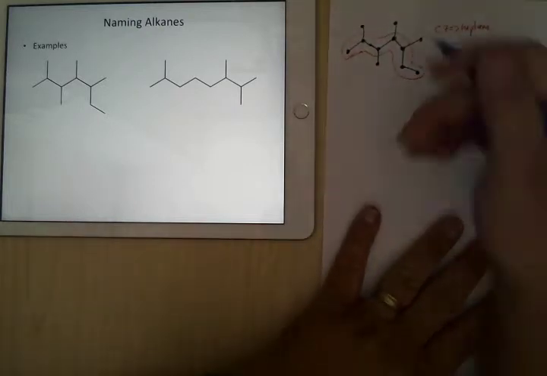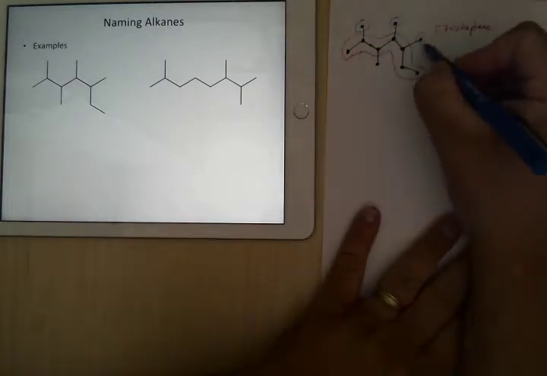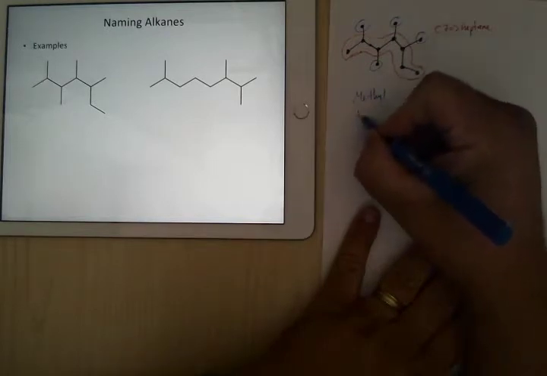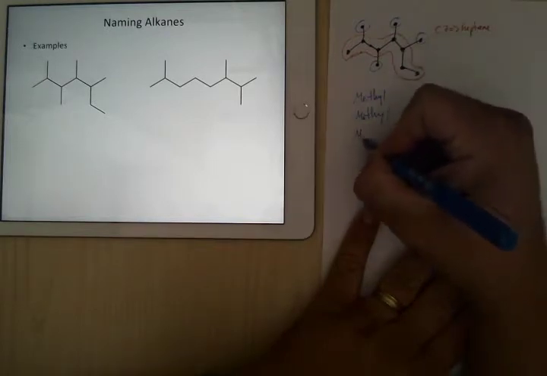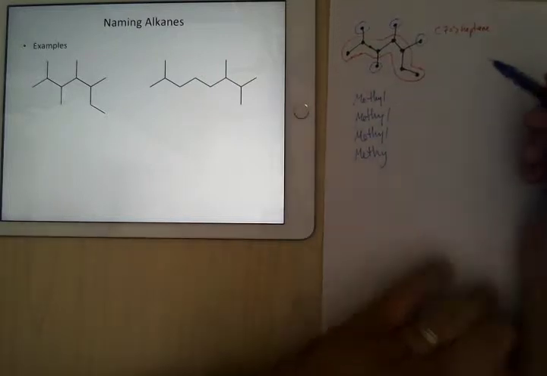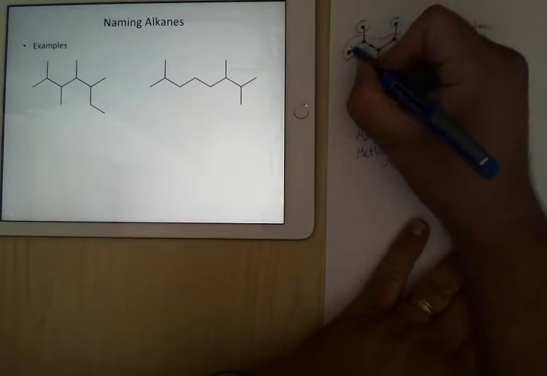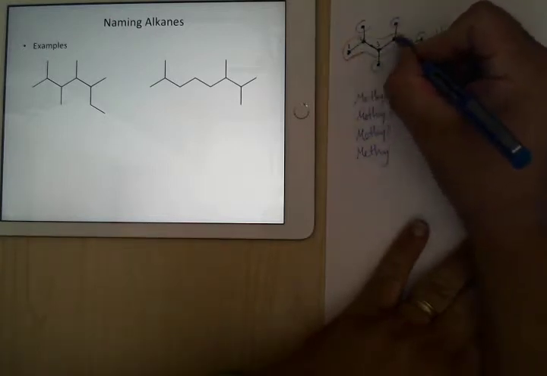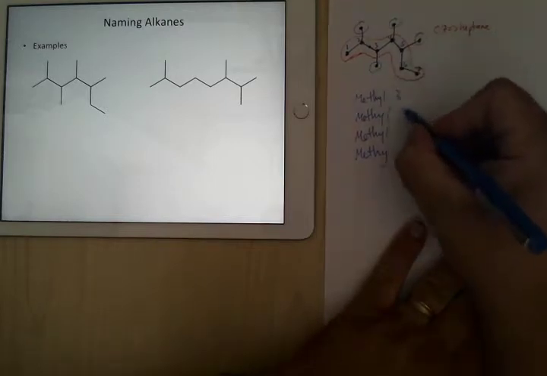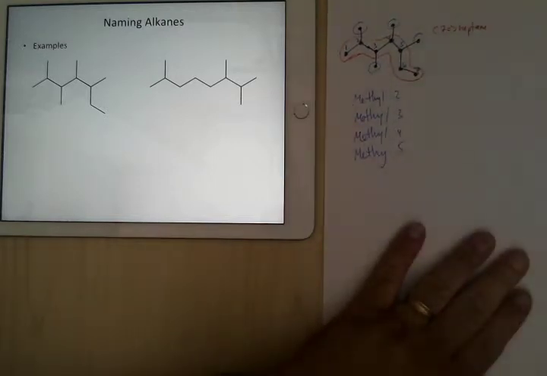Now here we've got 1, 2, 3, 4 methyl groups. So go ahead and list all of them: methyl, methyl, methyl, methyl. If we start from this side, we count 1, 2, 3, 4, 5, 6, 7, so it's going to be 2, 3, 4, 5.